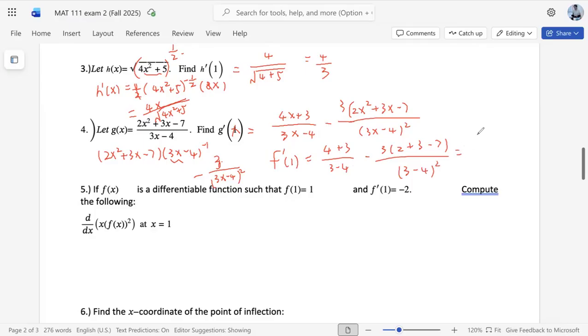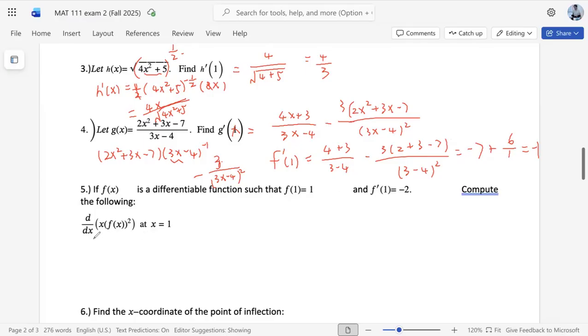Simplify, 4 plus 3, 7. 7 divided by negative 1, negative 7. Then minus the numerator will have 2 plus 3, 5. 5 minus 7, negative 2. Negative 2 times negative 3, positive 6. Well, denominator 3 minus 4, negative 1. Negative 1 squared is positive 1. So we get negative 7 plus 6, we get negative 1.